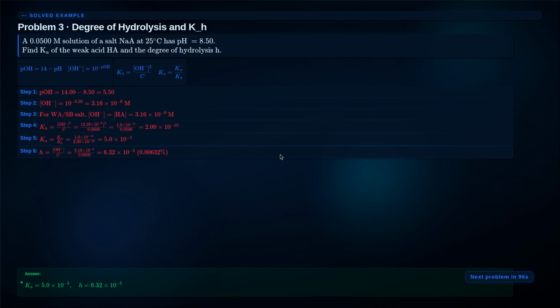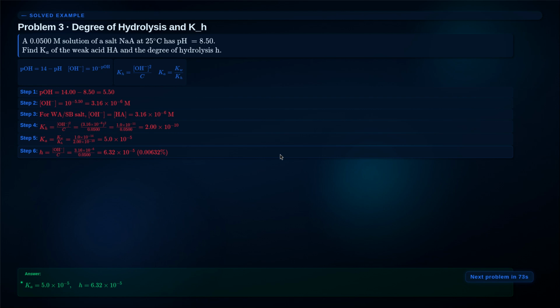Step 2. OH minus concentration equals 10 to the negative 5.50, which is 3.16 times 10 to the negative 6 molar. Step 3. For a WASB salt, the OH minus concentration equals the HA concentration at equilibrium, which is 3.16 times 10 to the negative 6 molar.